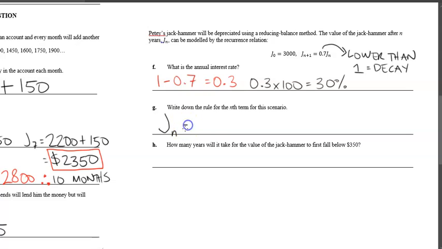So J of n, take our r value, raise that to the power of n, and multiply this by the initial amount, 3,000. And then with this rule, we're going to see how many years it will take for the value of the jackhammer to first fall below $350. Now actually we're not using this rule, we're going to use a recurrence relation in conjunction with our calculator.